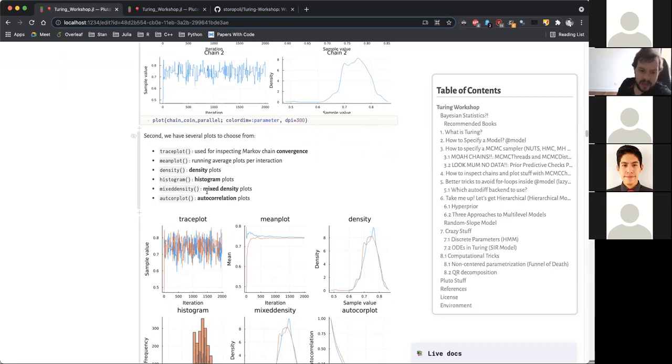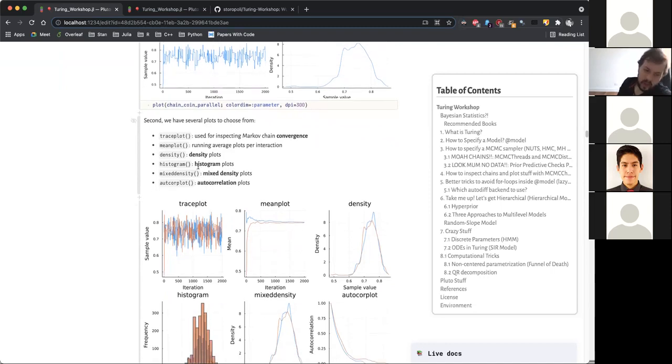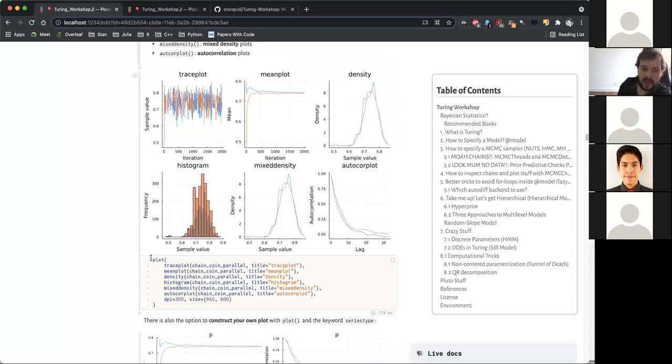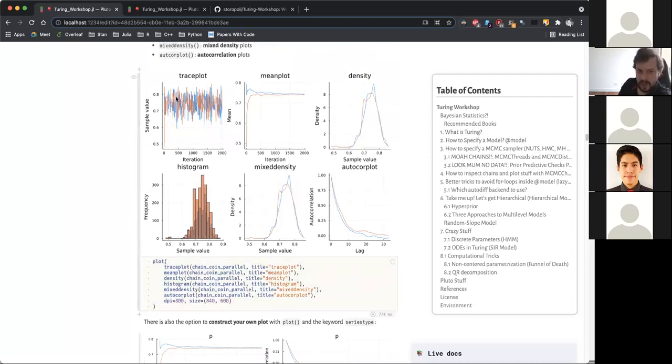We have mixed density, and histograms. If you want a more discrete visualization of your parameters, you can use a histogram with the bars. And we have also autocorrelation plots. And I plotted everything here for you guys to see. So this is the trace plot for only one parameter.